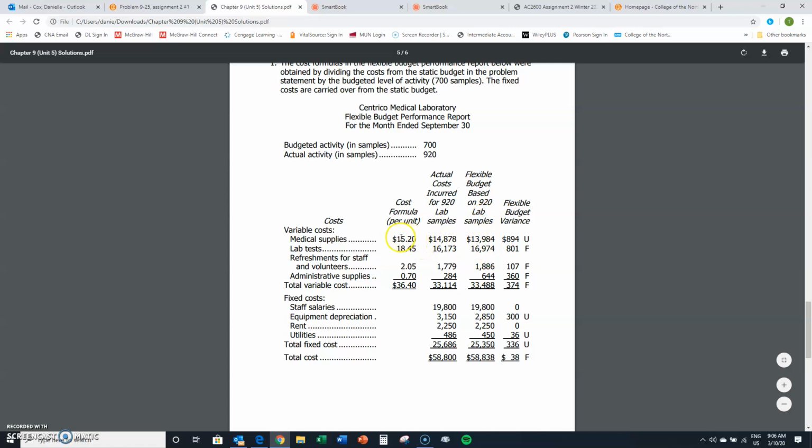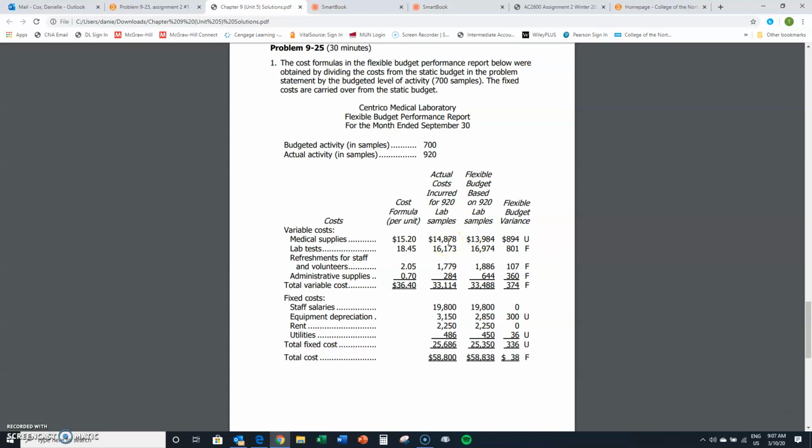If you take the variable cost amount and multiply it by 920, you'll get these amounts. So now we're comparing what actually happened at an activity level of 920 samples to what should have happened at 920 samples. Now the variances we look at will have a bit more meaning.